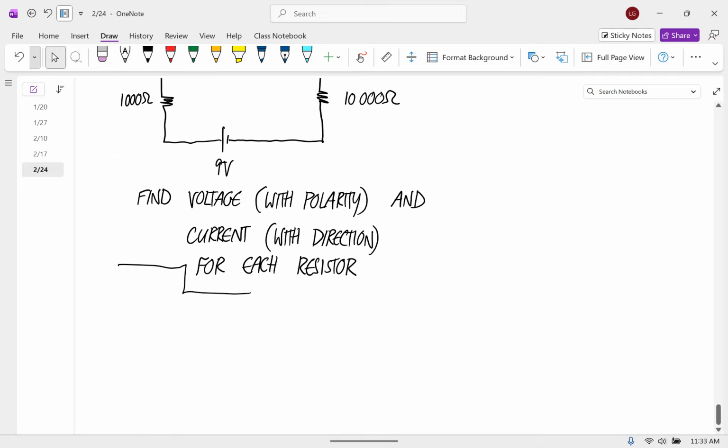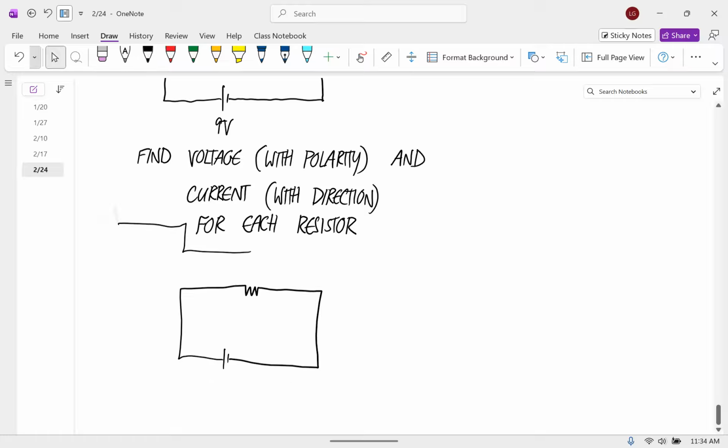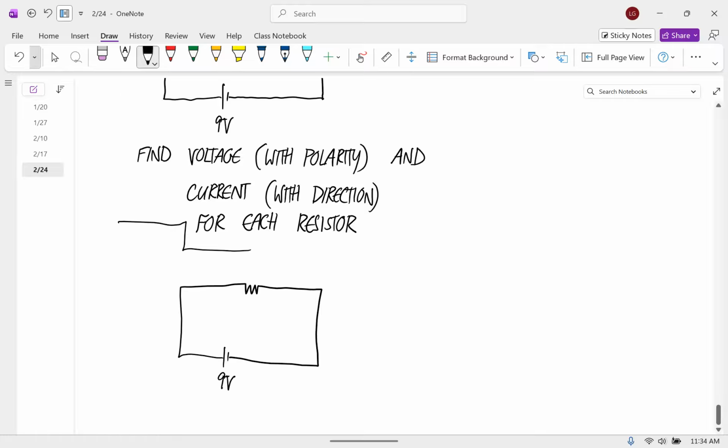An equivalent resistor. So this is 9 volts. This is our equivalent. We know the positive is here and the negative is here.